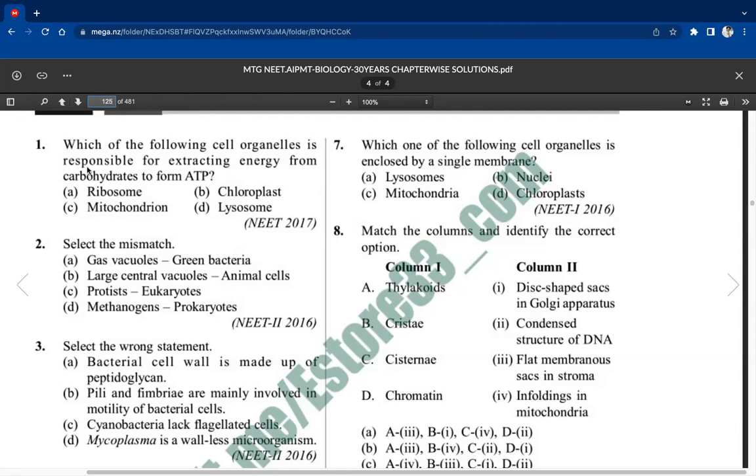Read the question once more. What is ATP? Tell me that, Aisha. ATP is the energy currency of the cell, right? Adenosine triphosphate. It is the energy molecule of the cell. The question is simply asking who makes ATP? Who makes energy in the cell?